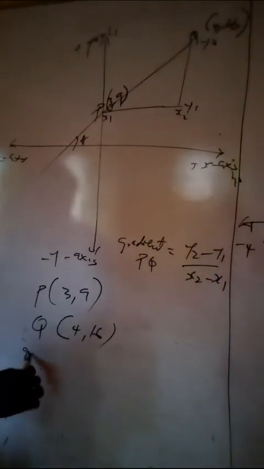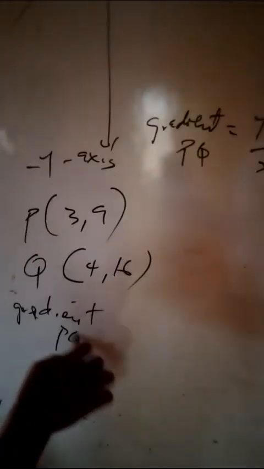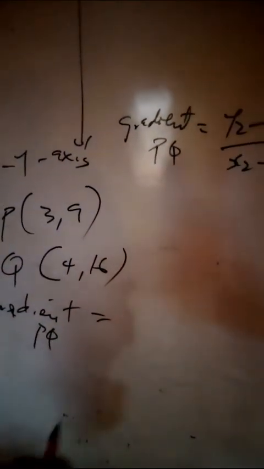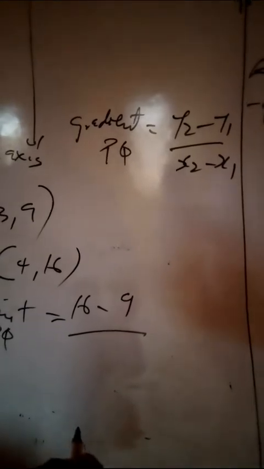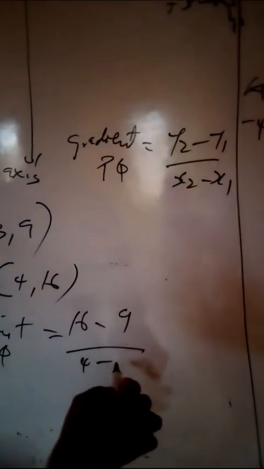So I can say the gradient of PQ is equal to, from our above explanation, our y2 is 16 and our y1 is 9 all over our x2 is 4, and our x1 is 3.